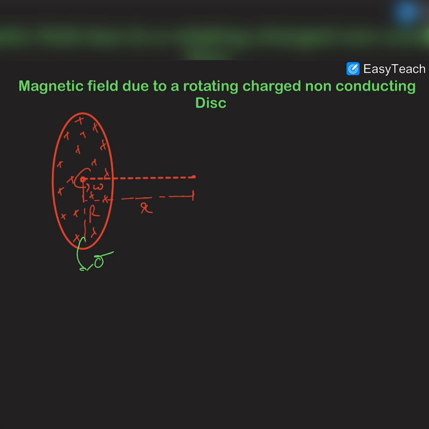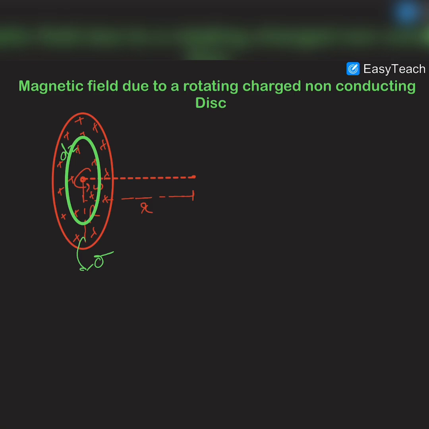So I think that you could understand the situation and you could see that we have to consider an element to integrate. Because we have to find out the magnetic field due to the disk, and we can consider a disk to be formed of many small rings which are of different radius.